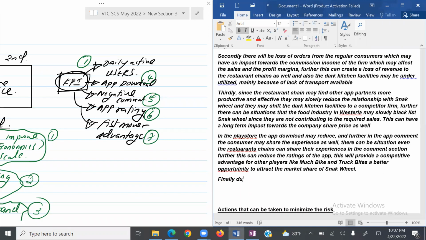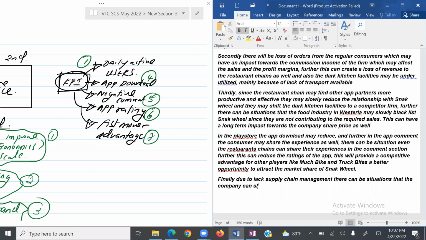Finally, due to lack of supply chain management, there can be situations that the company can slowly lose the first mover advantage, and also they can eventually lose the brand value that is perceived in the market by the consumers.